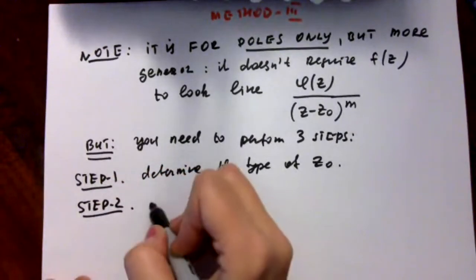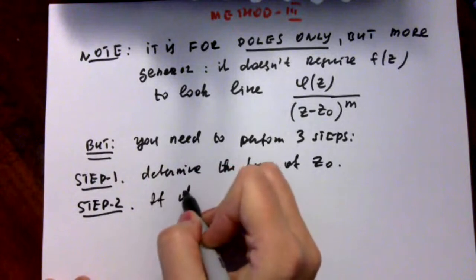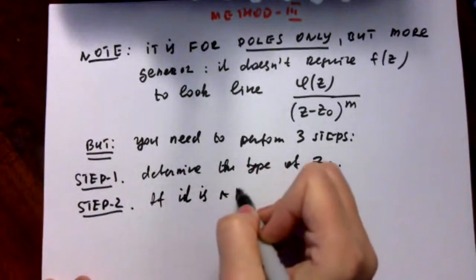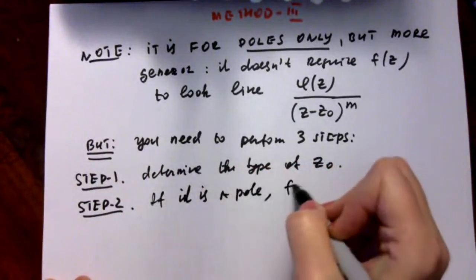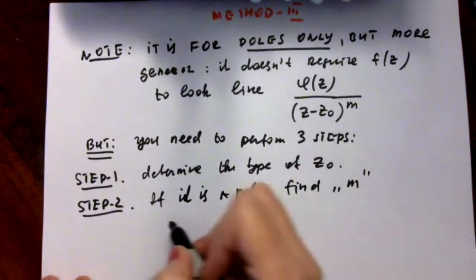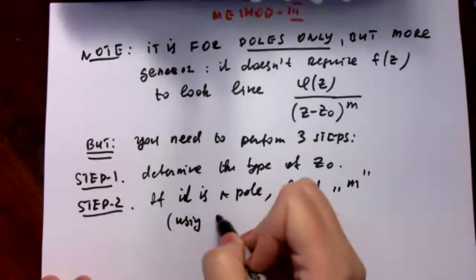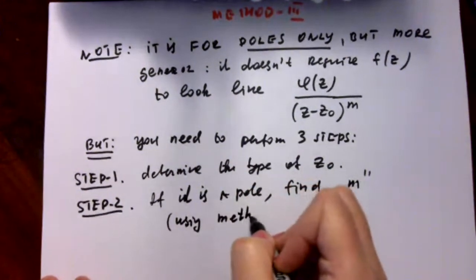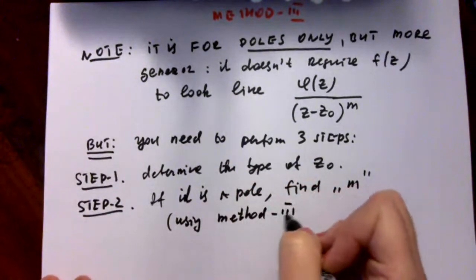So step 2, if it is a pole, find m, the order of the pole, using method 3. This sounds like something new, and it is something new.